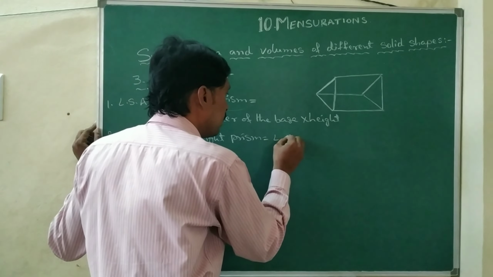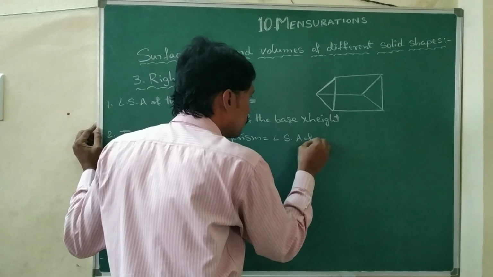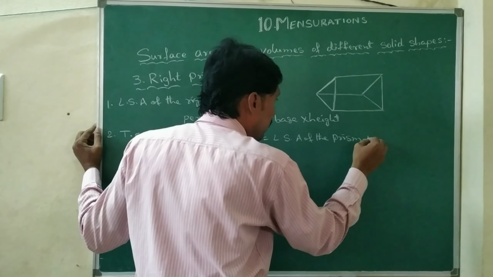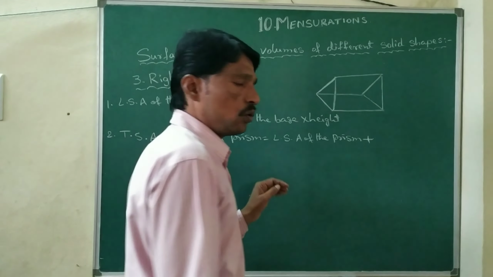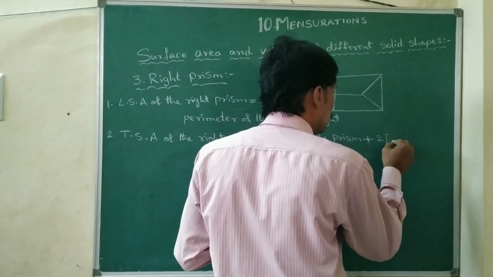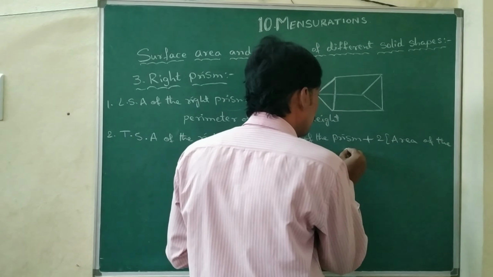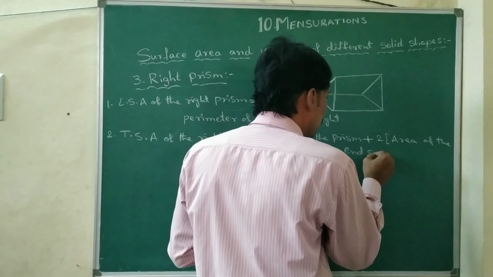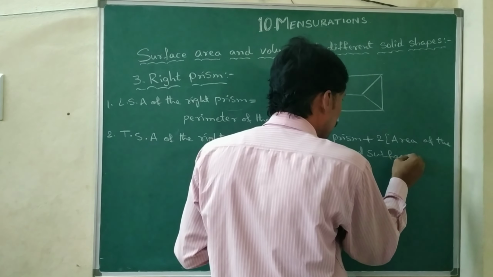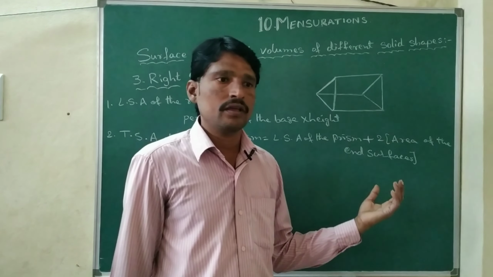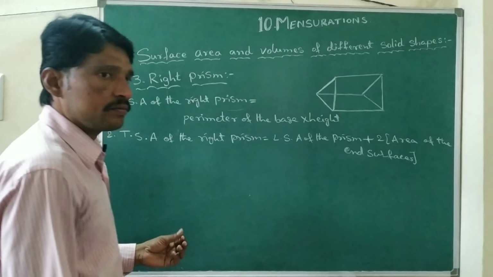So TSA of the prism equals LSA plus 2 into area of the end surfaces.